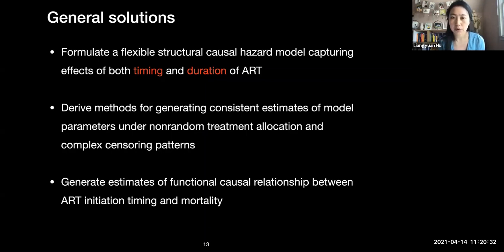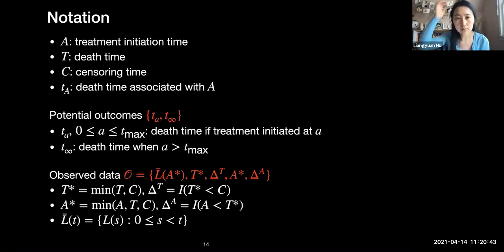And using these model parameter estimates, we can further generate the estimates of the functional causal relationship between treatment initiation timing and mortality. So some standard notation before I bring up the methods. Again, we have 3 time to events: treatment initiation, death, and censoring.